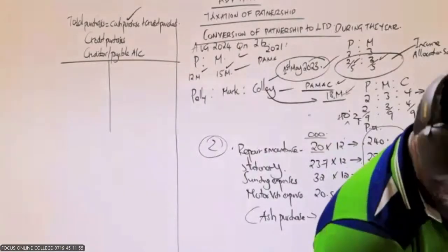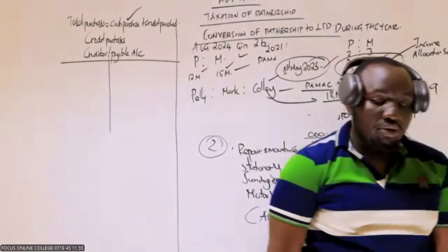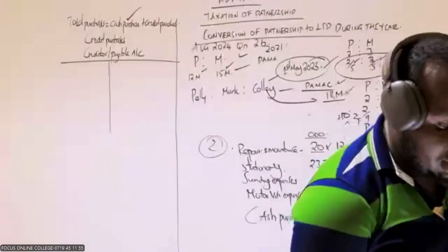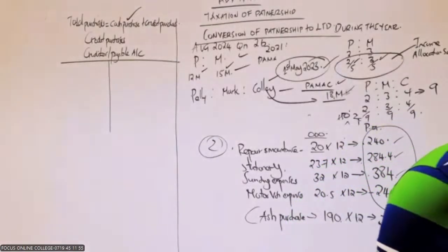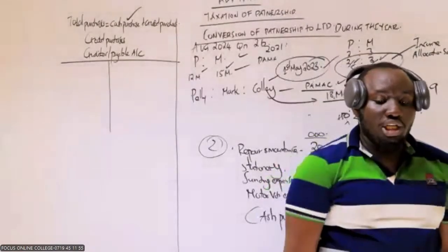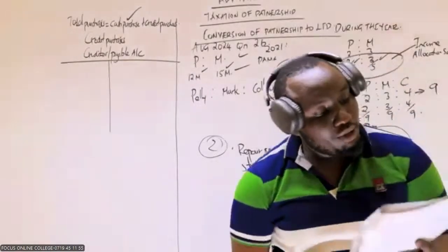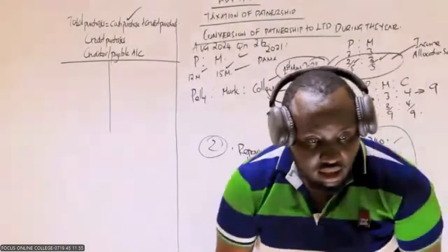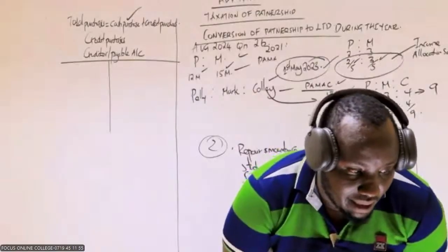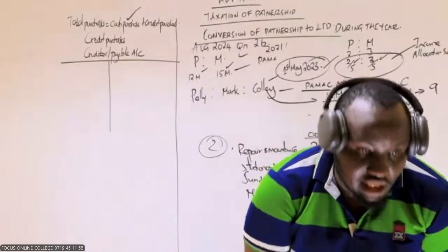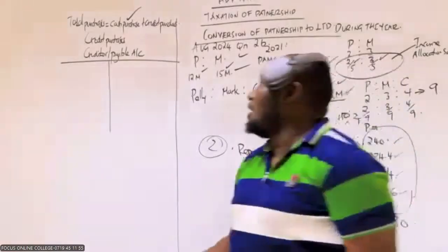So how do I treat the opening stock balance breakdown? Payable, balance breakdown. Is that an asset or a liability? We credit. Why? Because it's a liability.